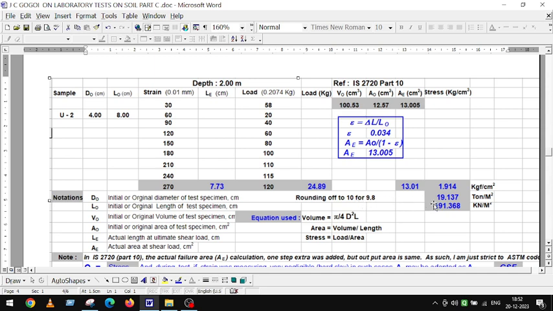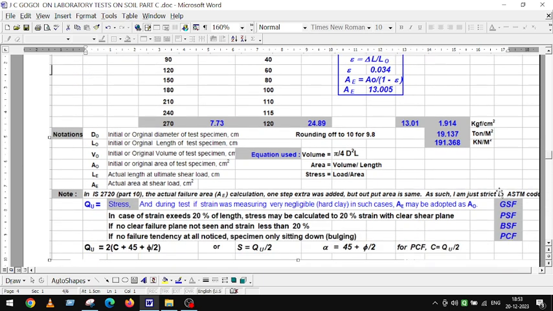If we go for ton per meter square, I take 9.8 as 10 to make it very simple, so I am getting 19.137 ton per meter square. Accordingly, in kilonewton per meter square, it is 191.368. This is the simple process.